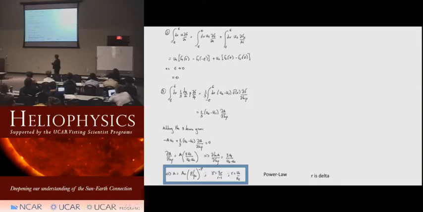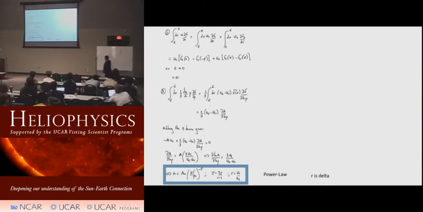And the result is that A is a constant A naught, p over p naught to a power of gamma. Gamma here is related to the compression ratio at the shock. Sorry, it's small. Let me write it back here for people in the back.